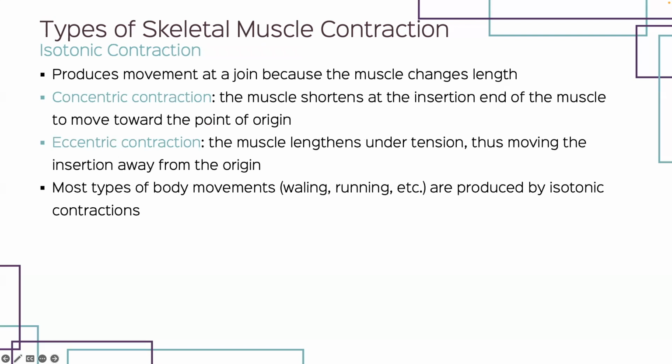An isotonic contraction of muscle will produce movement at a joint. With this type of contraction, the muscle changes in length at the insertion and moves relative to the point of origin. There are two different types of isotonic contractions. One is concentric contraction, in which the muscle shortens, and the other is eccentric contraction, in which the muscle lengthens but still does work.